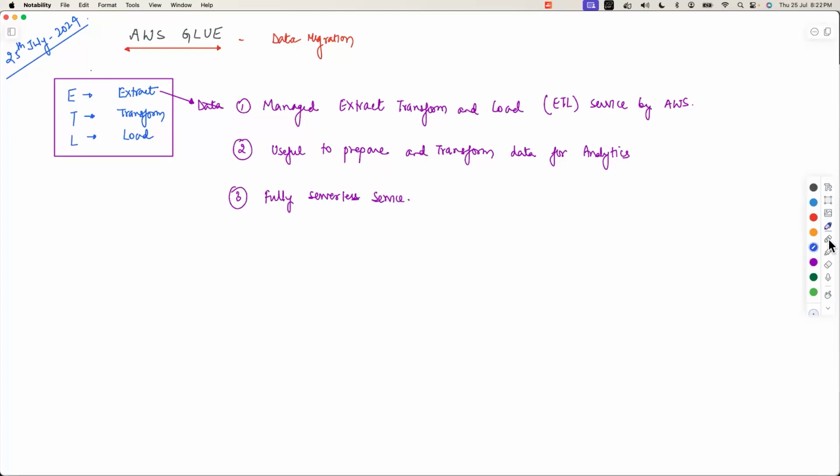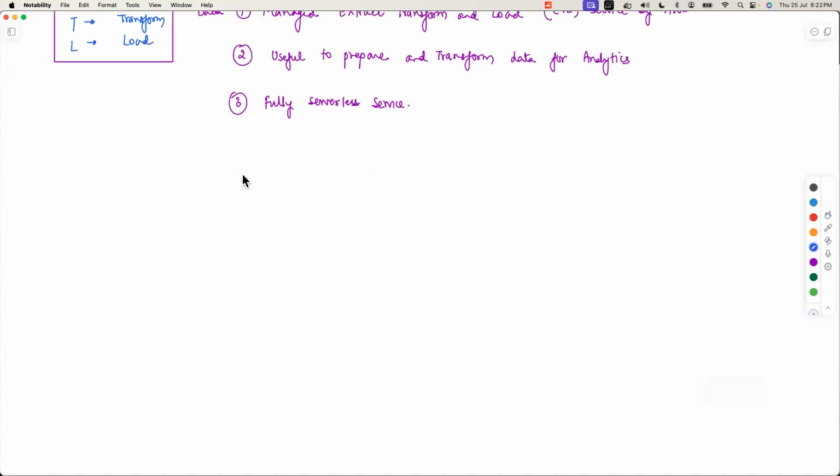Correct? So if you have various sources from where you can grab the data, the most common source in AWS is your S3 bucket. You can keep it in an S3 bucket. Apart from this, if you are talking about a huge amount of data, one is storage, the other is databases.